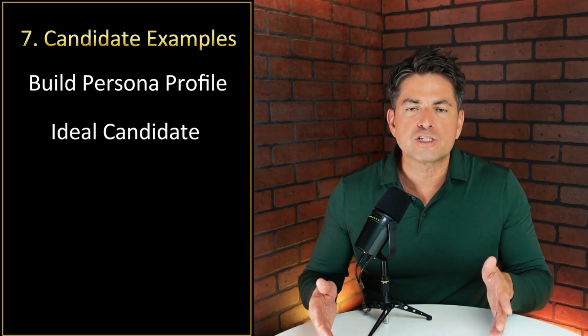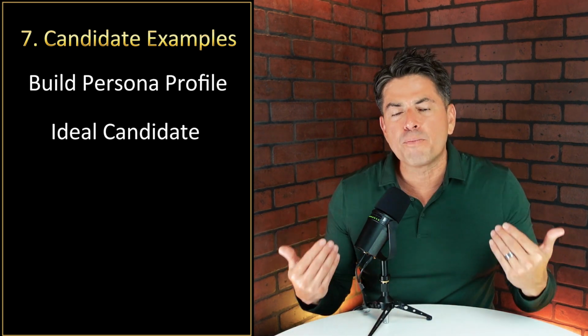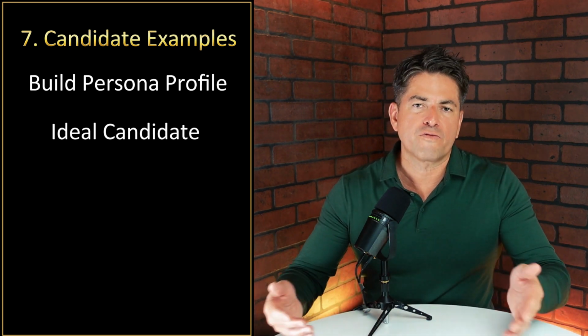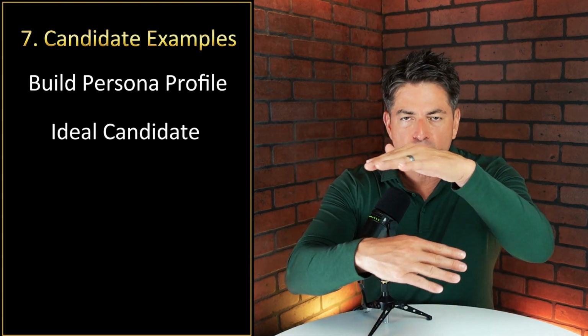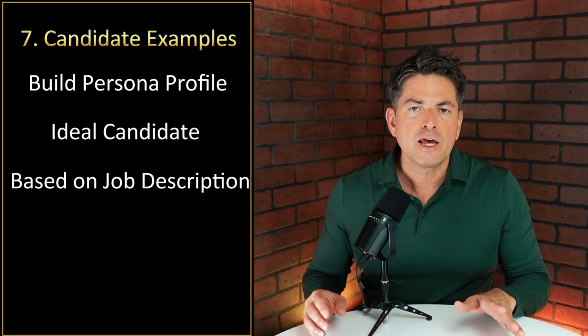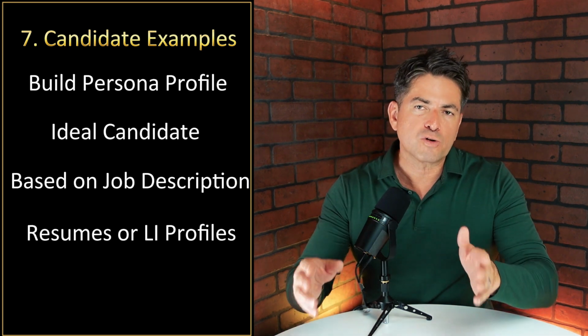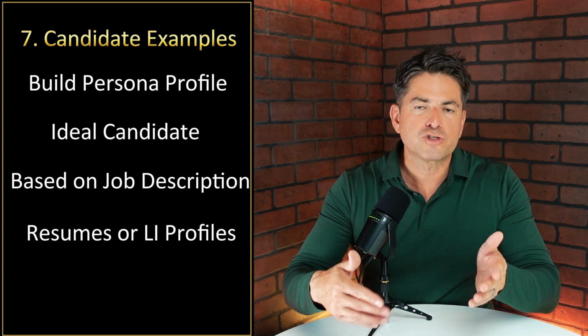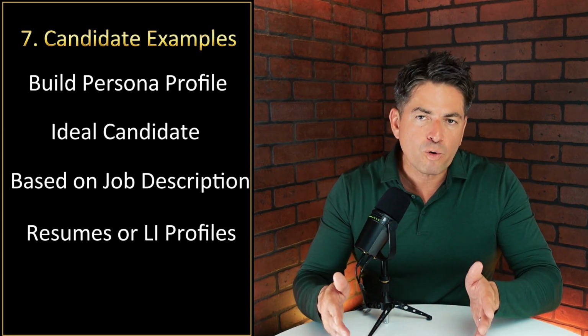Once you do that, it's going to help you as you start doing your searches. So for example, once you have a persona developed based on the job description, or maybe based on some of the resumes or LinkedIn profiles that you've identified, ChatGPT can create a persona profile, a candidate profile, for you.